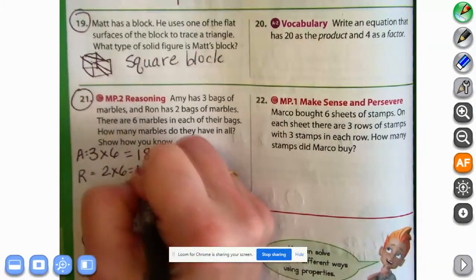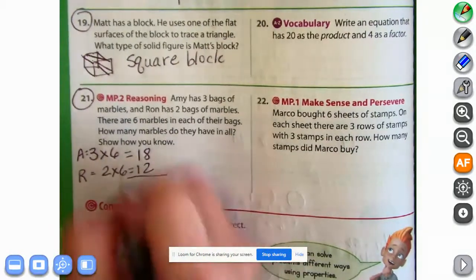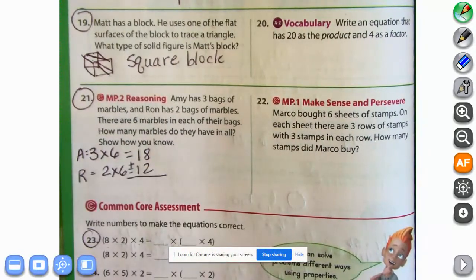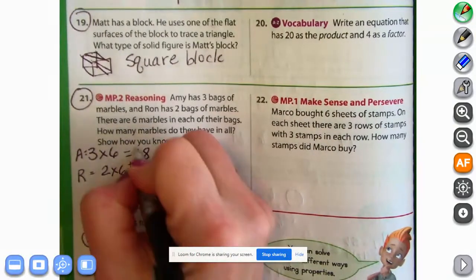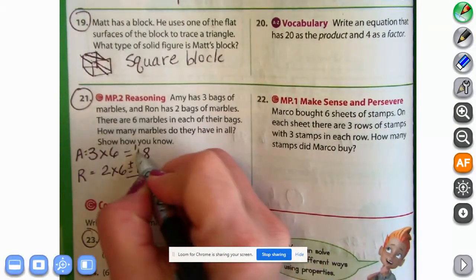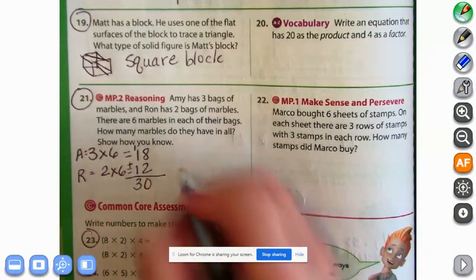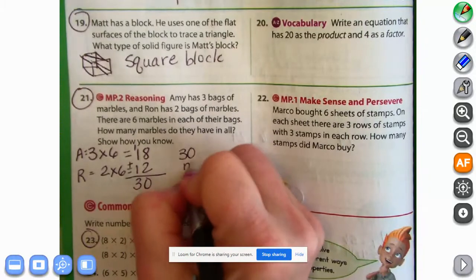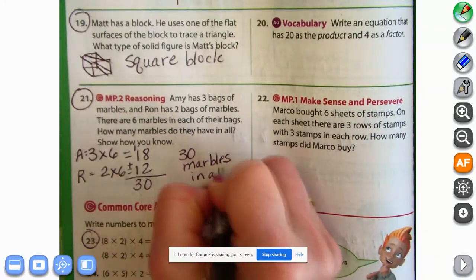So that makes 12. We're going to have to add them together. 8 plus 2 is 10. Carry 1. 1, 2, 3. Okay, so how many marbles do they have in all? 30 marbles in all. Okay.